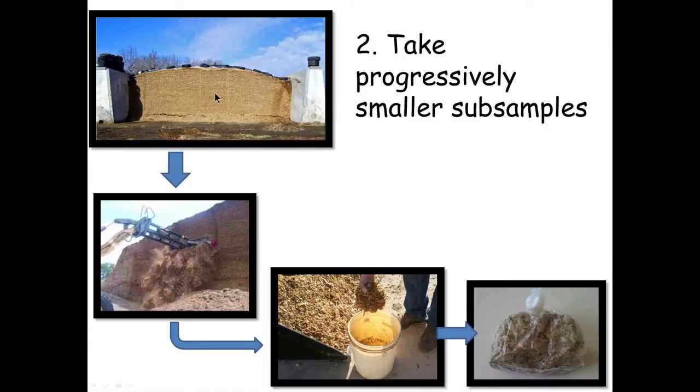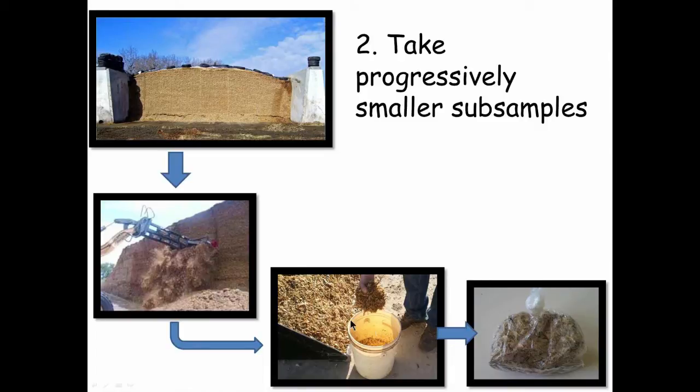Again, you never sample from the face of a silo because of safety issues, plus you get a lousy sample. So you deface, or however you're removing the silage from the silo. This now is pretty well mixed. So you would take bucket loads of this and subsample from the bucket.